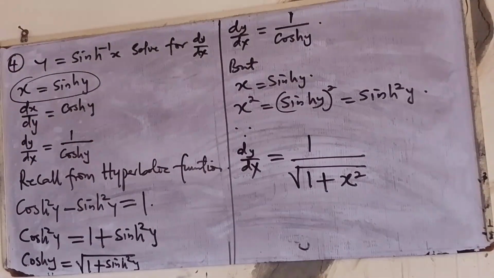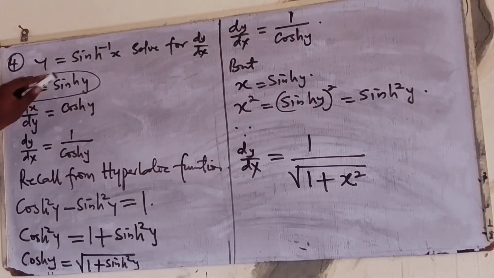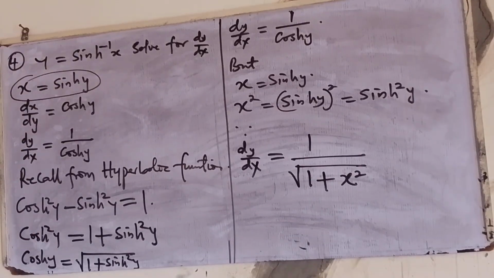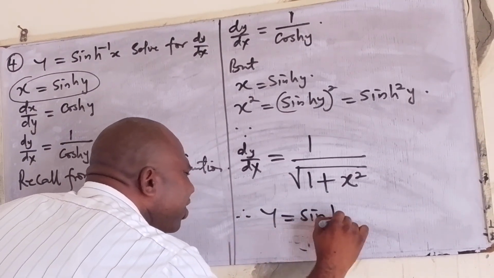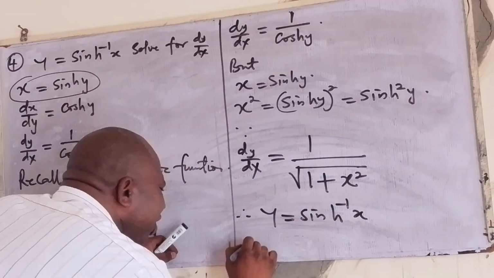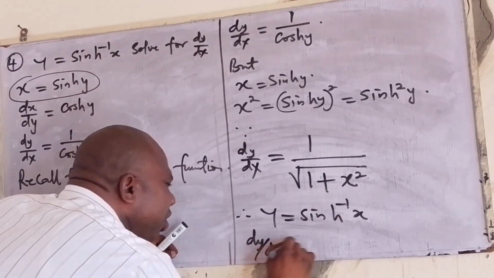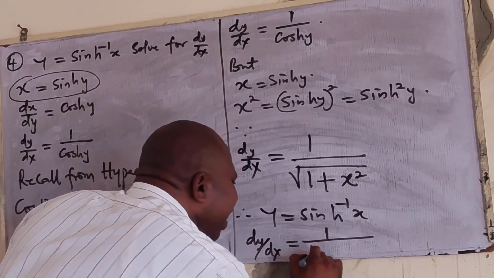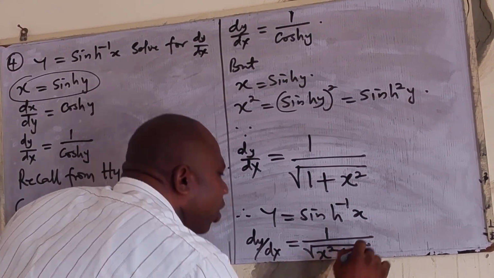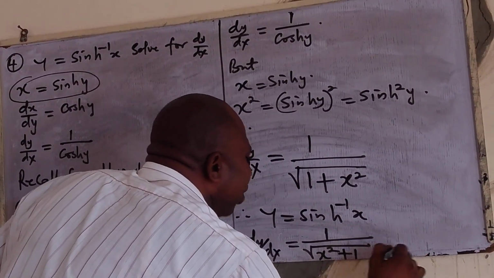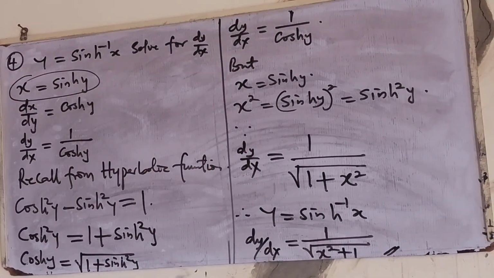Yes, so this is the derivative of sine h inverse x. If y is equal to sine h inverse of x, the dy all over the dx will be equal to 1 all over the square root of 1 plus x squared, or you can also call it x squared plus 1. So that's all about sine h inverse of x.